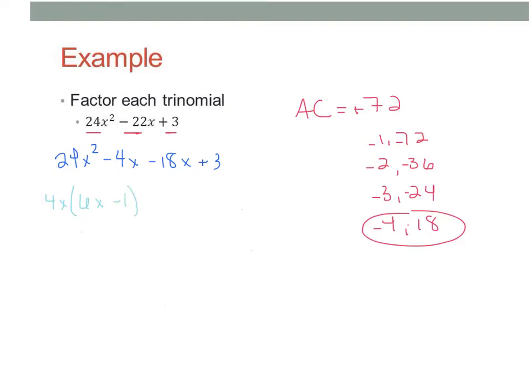Anytime you take out a whole term, put a 1 in its place. And I want to take out a negative 3 on the other side. So 6x minus 1. And so that's going to be 6x minus 1 times 4x minus 3. And there's your answer. And so, if you had done the trial and error method, it would have been the 6 and the 4 that would have worked there for you.